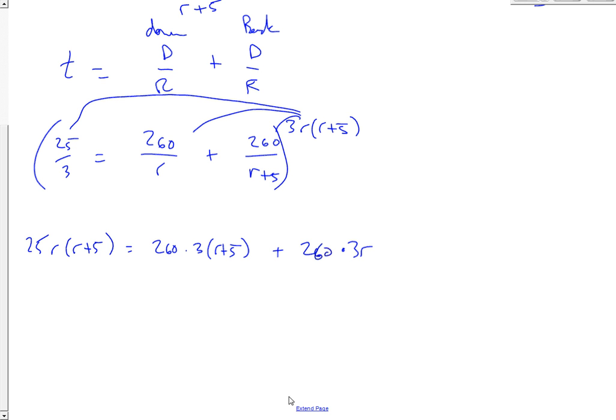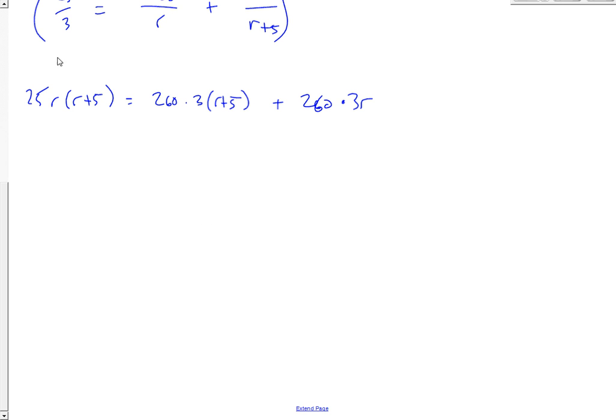So now I've got this equation to solve. I'm going to distribute 25r, and I'm going to get 25r squared plus 125r equals 260 times 3, which is 780.